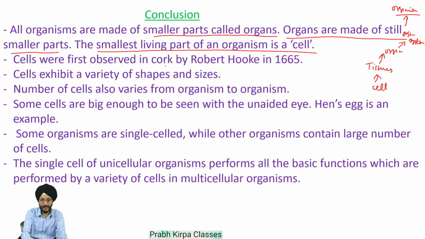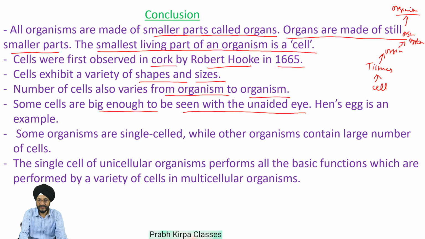Cells were first observed in cork by Robert Hooke in 1665. Cells exhibit a variety of shapes and sizes. Number of cells vary from organism to organism. Some cells are big enough to be seen with naked eye. Egg is an example.